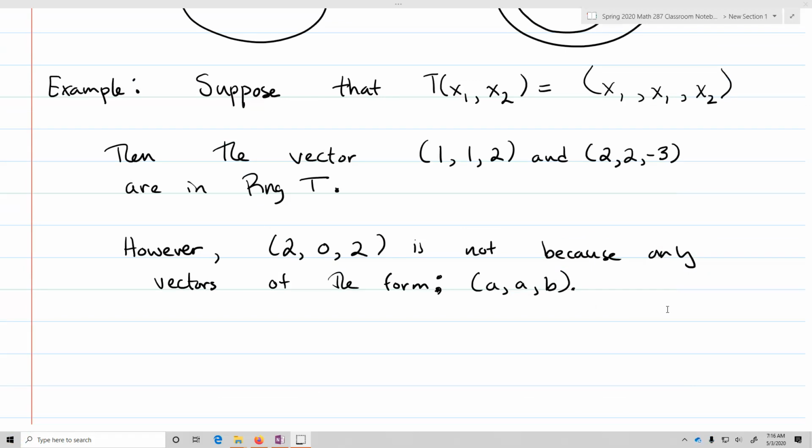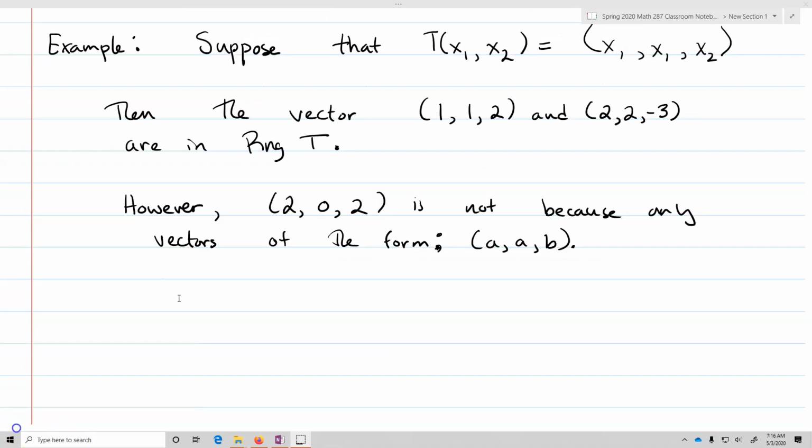So let's suppose that we have a transformation T, where T of x1, x2 equals x1, x1, x2. So what I see here is the transformation's domain is going to be in R2, and its codomain is going to be in R3. Now, let's talk about what that means from a range perspective.